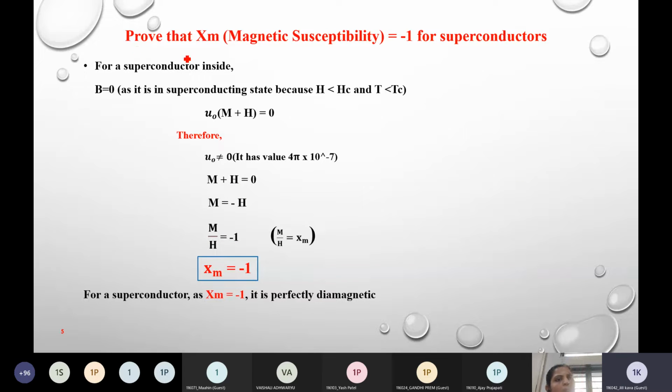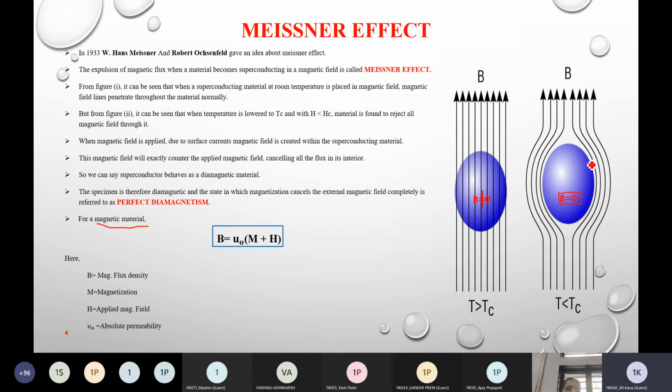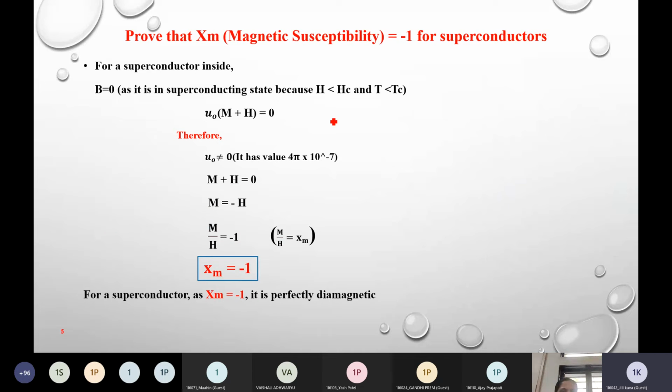So this is one case that we have to prove: that magnetic susceptibility is -1 for superconductors. For a superconductor, inside the material B is equal to 0 when H is less than Hc and T is less than Tc, which we have seen in case 2, where no magnetic field is inside the superconductor or any material.